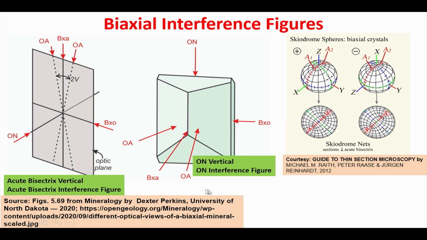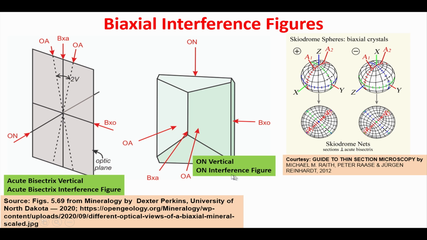The one that we will be using is the one where the acute bisectrix is vertical, and we will see an interference figure which we call the acute bisectrix interference figure.